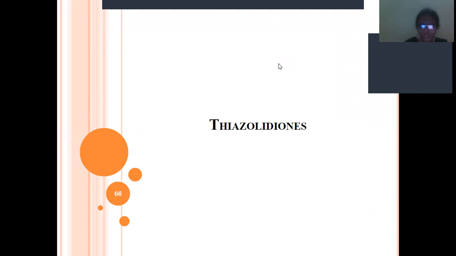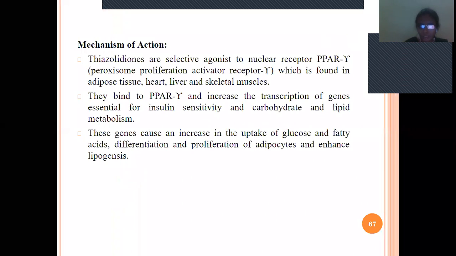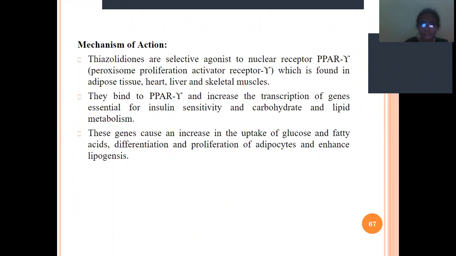Next topic is thiazolidinediones. Let's see the mechanism of action of thiazolidinediones. These are selective agonists of the nuclear receptor, the peroxisome proliferator-activated receptor, which is mainly found in adipose tissue, heart, liver, and skeletal muscles.